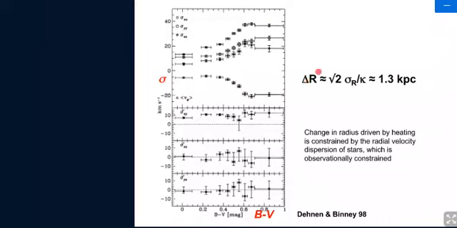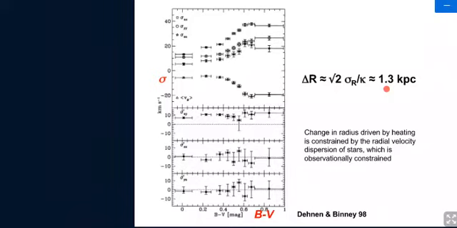And then you can compute by how much the radius of a star changes over its lifetime due to this random motion. And the answer for values like this would be about 1.3 kiloparsecs. I should point out that this is not the radius itself that's changing. The orbit becomes more eccentric. So it's not even that it remains on a certain orbit.